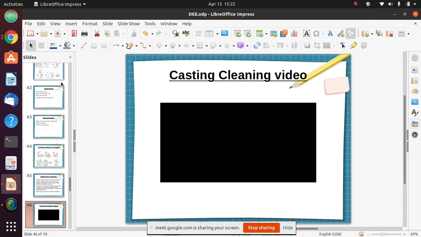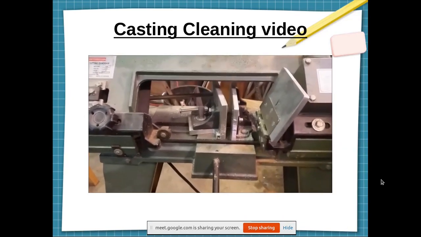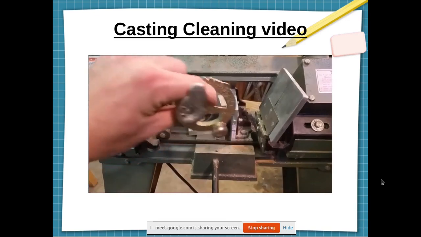Let's see an example of the cleaning process here. This morning we're going to be cleaning up the casting that we made last night.